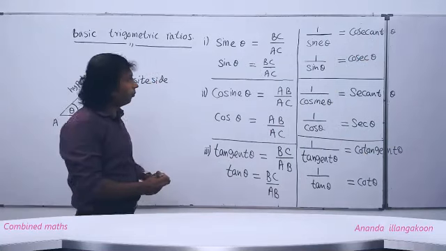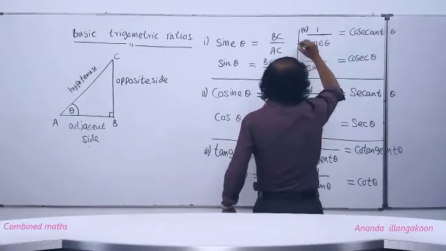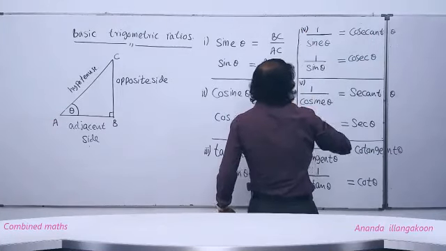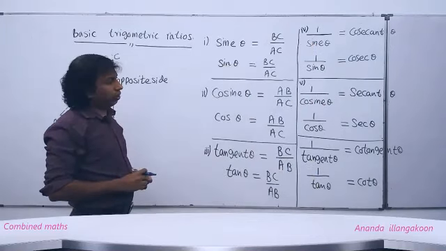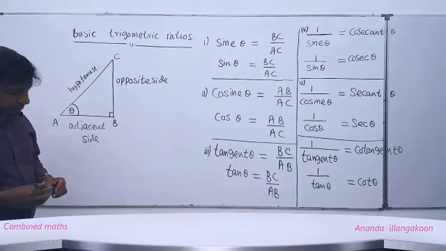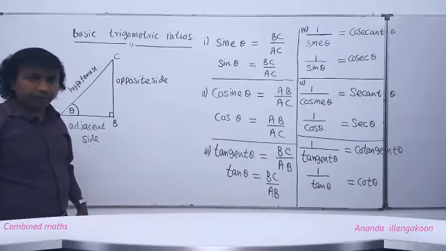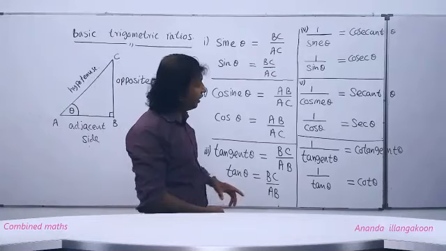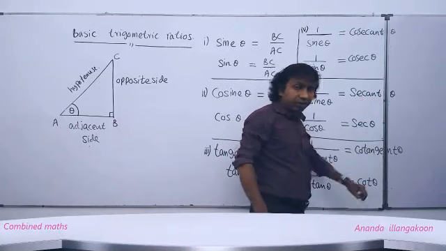This is number 4. Number 5 is this: 1 upon cosine theta. It is secant theta, which we write as sec theta.